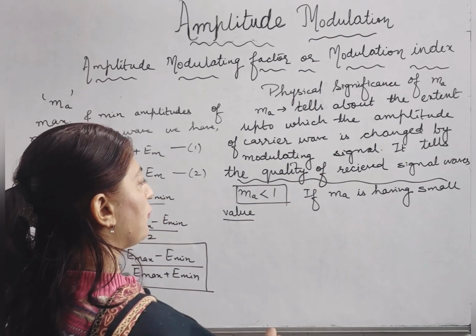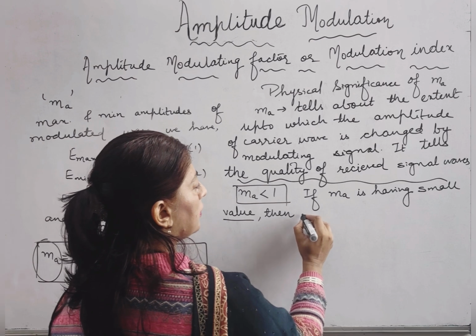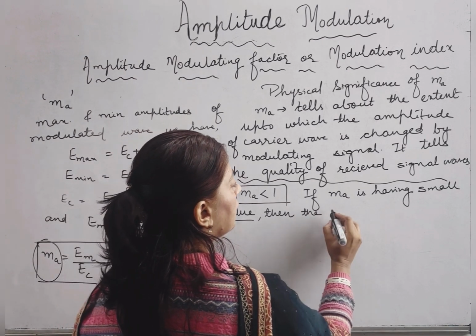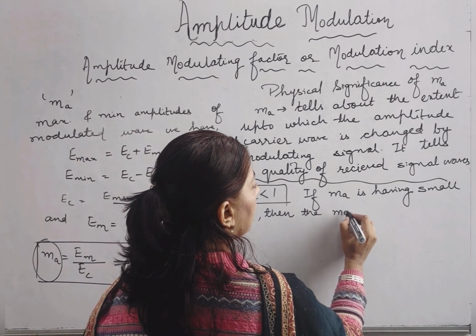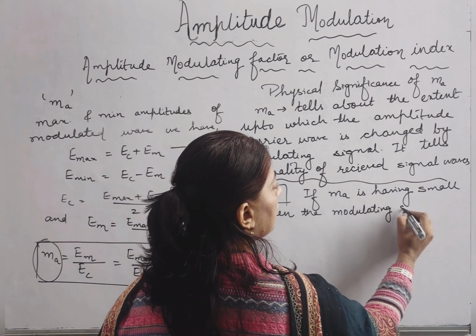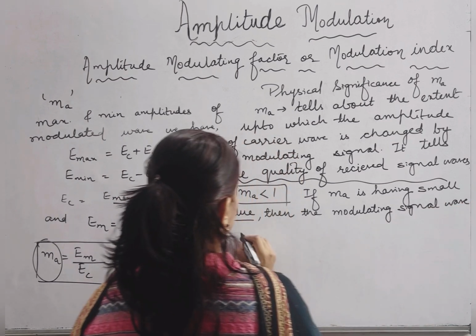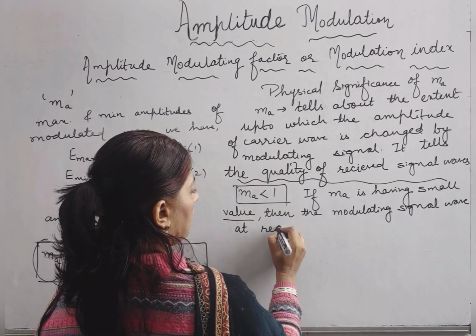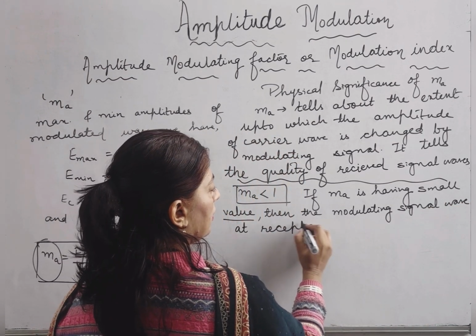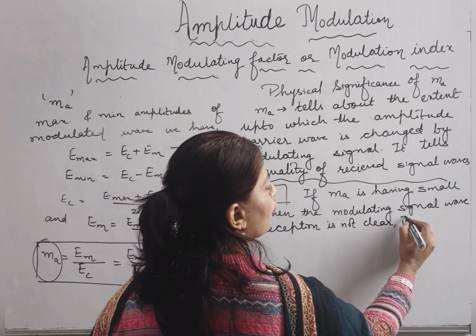If MA has a small value, then the modulated signal wave at reception is not clear. It is weak.